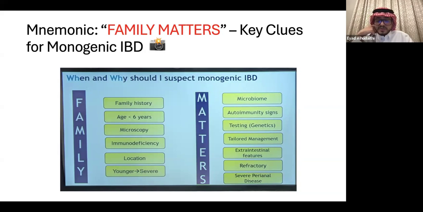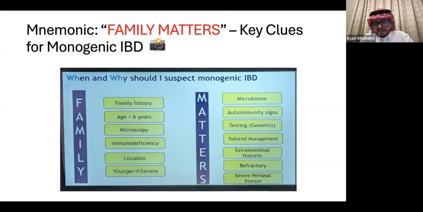And as a fact, we know for sure the younger, the more severe the disease. On the right side, the microbiome, they have noticed that dysbiosis has been associated with monogenic IBD, and they anticipate it might be the cause for IBD. The autoimmunity sign, like if you have IPEX or FOXP3, you can anticipate this is a monogenic IBD.